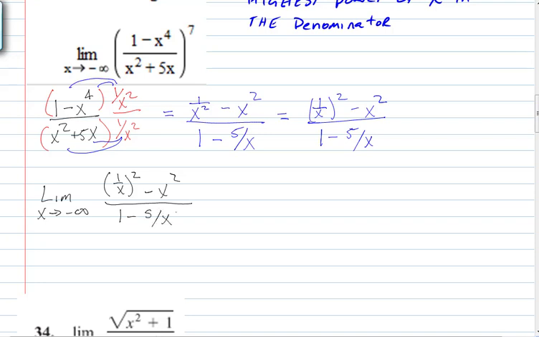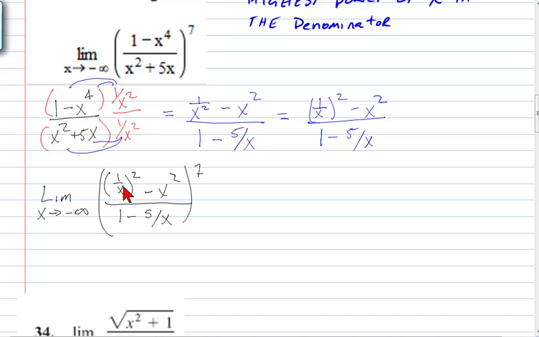By direct substitution, oops, that's raised to what power? The 7th. By direct substitution here, and because 1 over x as x goes off to negative infinity, that limit is going to be 0, right?